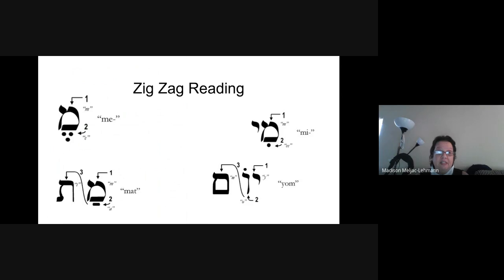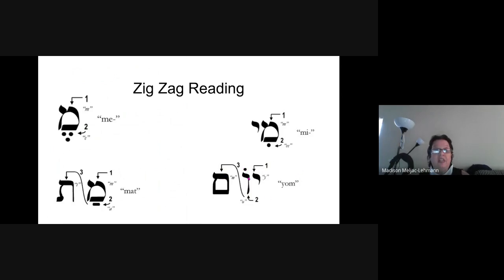We talked about zigzag reading really quick again, so we're going to do this today. I'll say we're going to start from the top and go to the bottom. Or for instance, on Yom down here, I'll say we're going to start here with the Yod, and then we're going up from the bottom with the Vav and the Olam Vav, and then we're going to go over to here and do the final Mem.